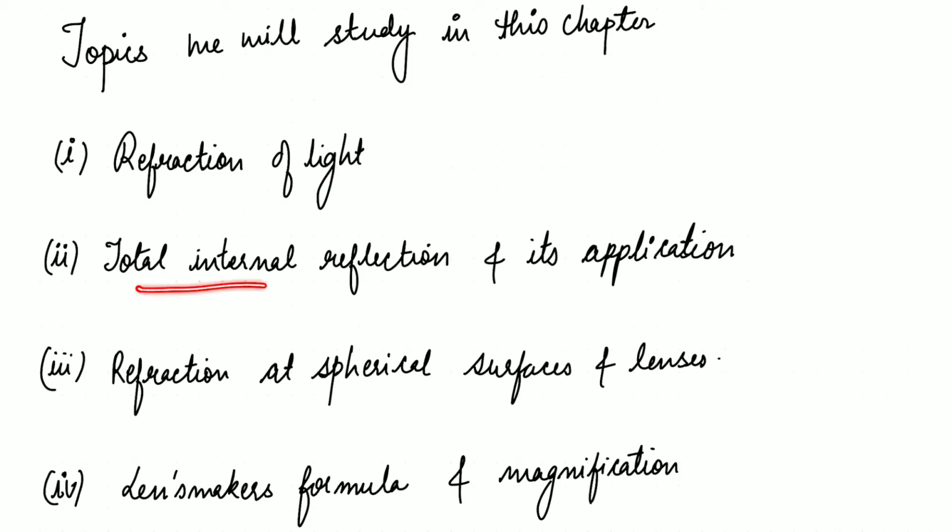Then we'll talk about total internal reflection, although it is called reflection, it comes under your refraction topic. We'll talk about TIR, that is total internal reflection, and its applications. Some of its applications are mirage formation, sparkling of diamond, and optical fiber. We will discuss all that in this topic.